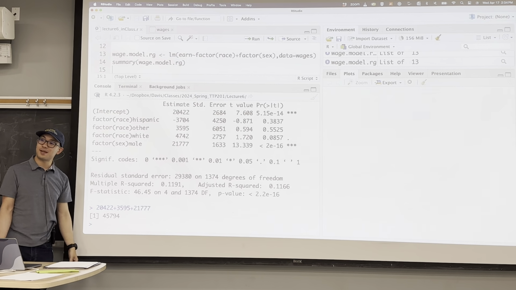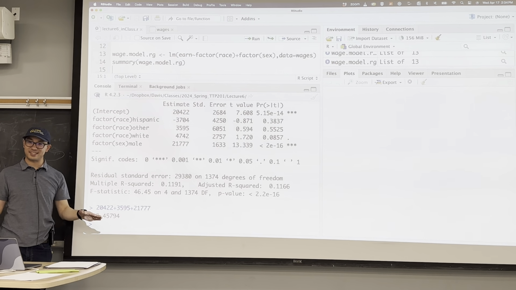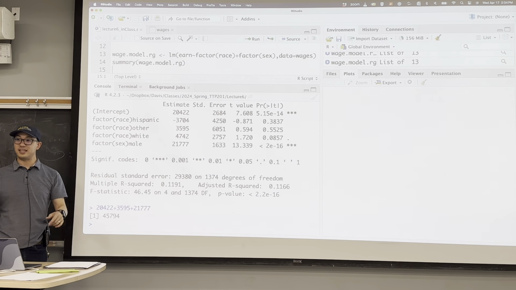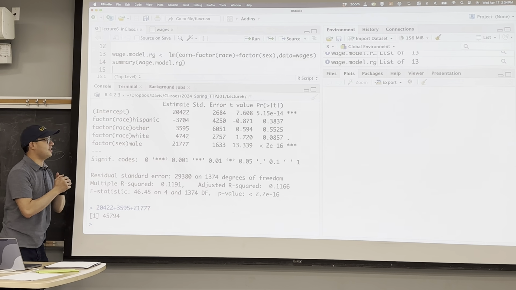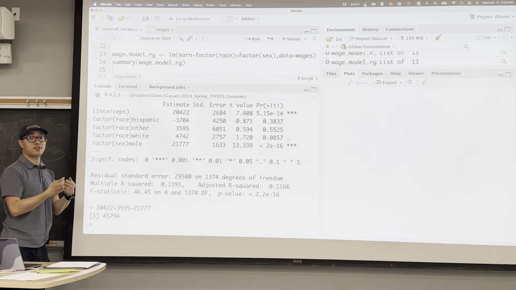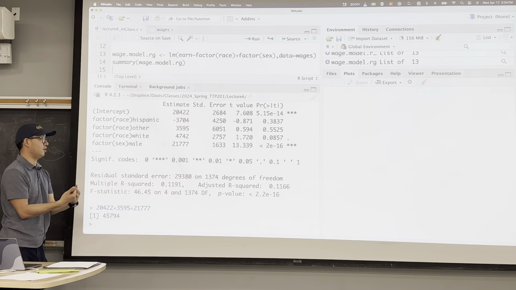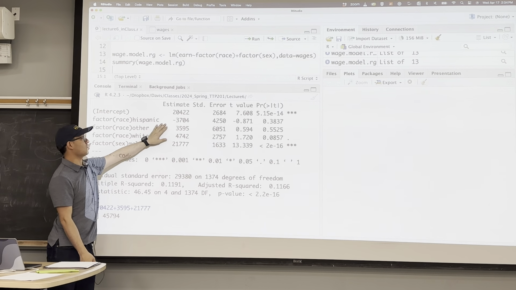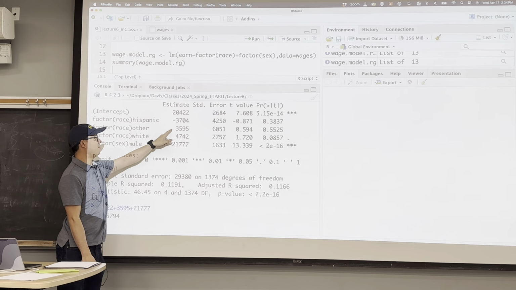Does that make sense? Any confusions? Yes. So all we're saying is that when you're dealing with statistical significance for categorical variables, that is describing the marginal effect of that variable, but not the overall. And for the overall, you always add the baseline.